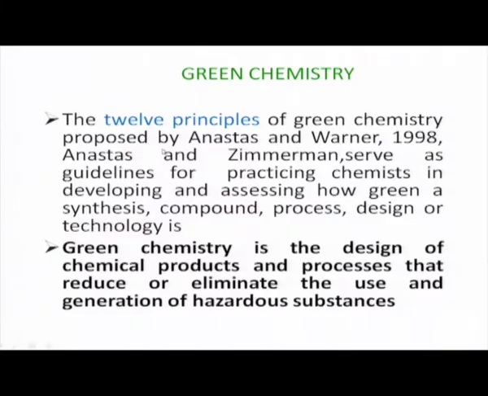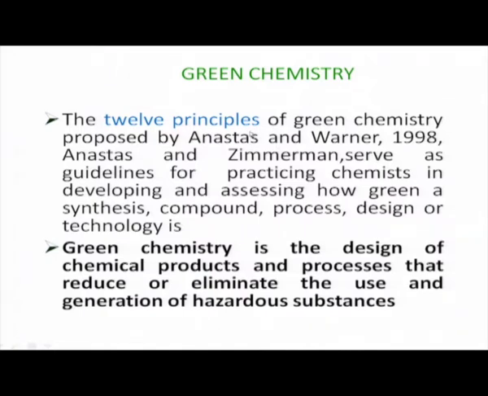In fact, the concept of green chemistry was introduced by two Americans, Dr. Anastas and Warner, in the year 1998, and they postulated 12 principles for how we can minimize pollution to the environment, and this is popularly called the 12 principles of green chemistry.